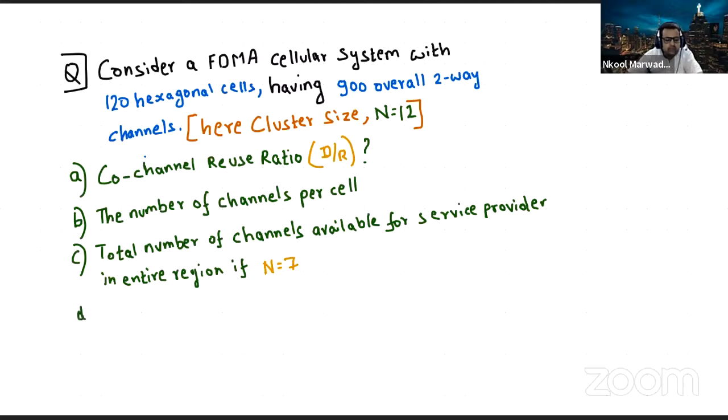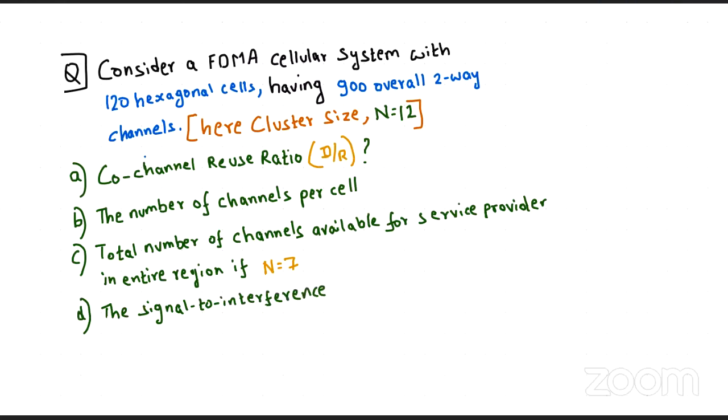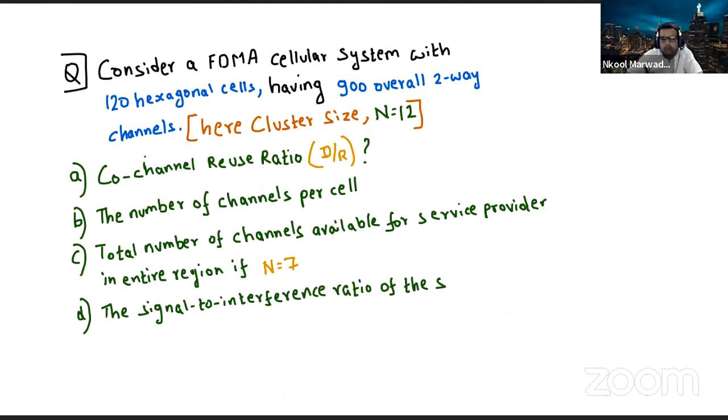The D part: the signal to interference ratio of the system. Let us do it in dB, in decibels.